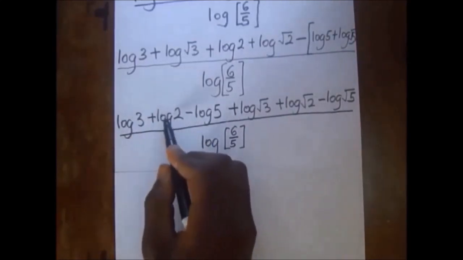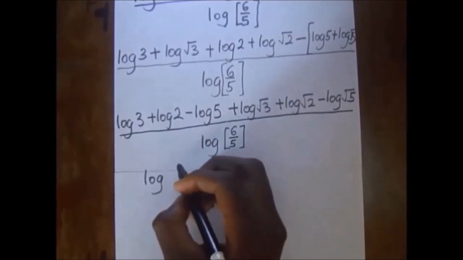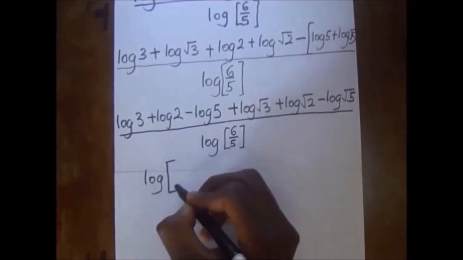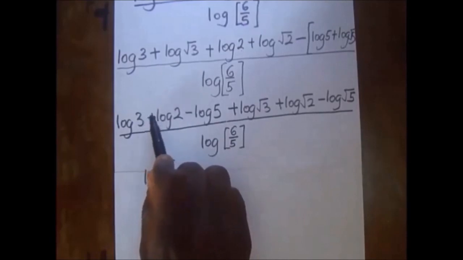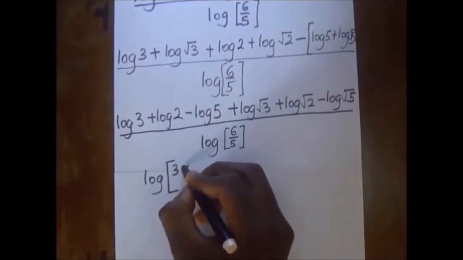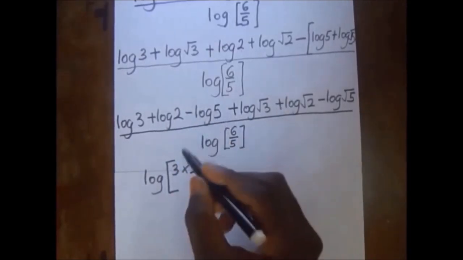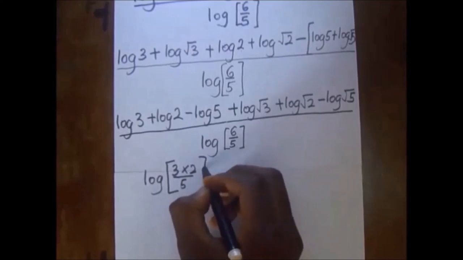So we continue. When we add and subtract, it's log base 10, log base 10, log base 10. We group it together using our laws of logarithms. Log base 10, this is going to become 3 plus 2, which means 3 times 2 from our law of logarithms. And since this is minus log 5, it's going to become divided by 5, over 5.